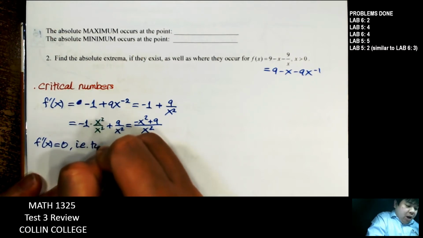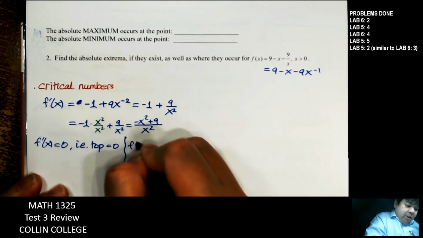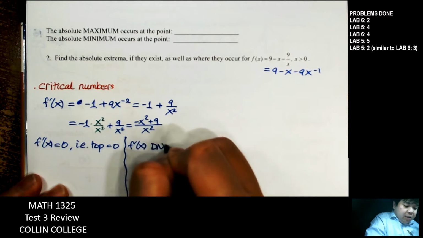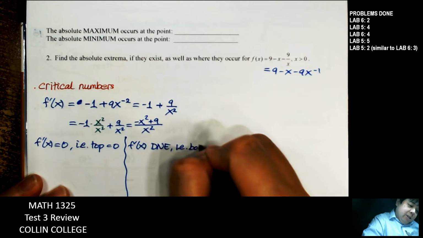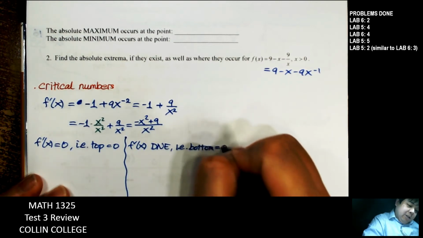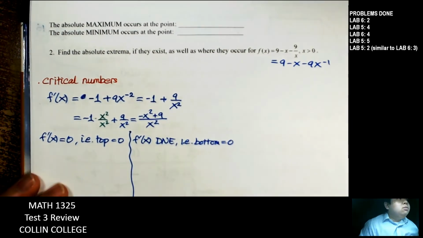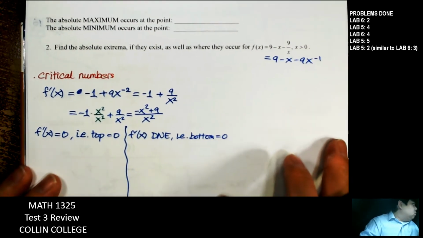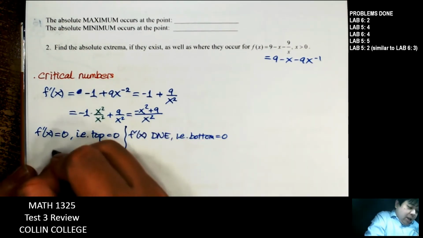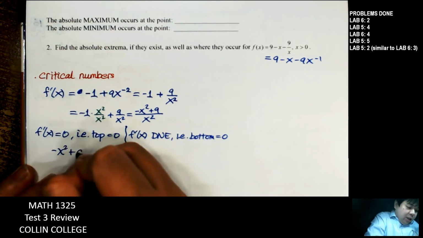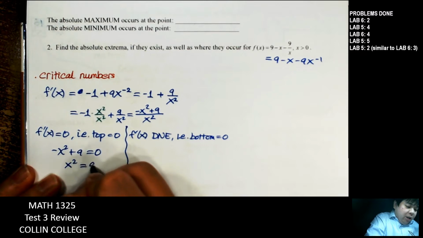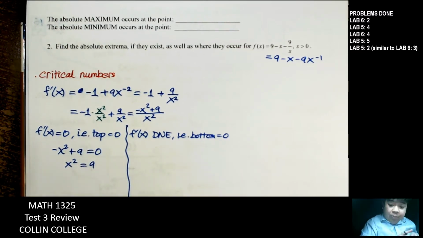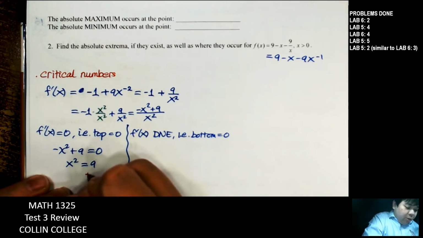Right, so two things. Derivative equal to 0, which means if there's a fraction, the top must be 0. Derivative does not exist if it's a fraction, so the bottom is 0. Right, negative x squared plus 9 equal to 0.